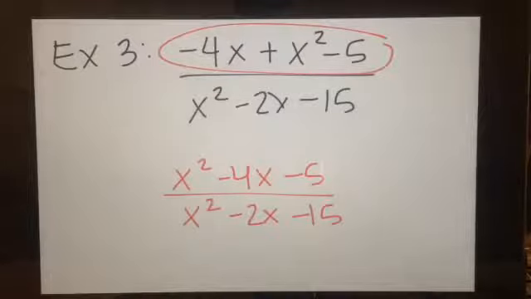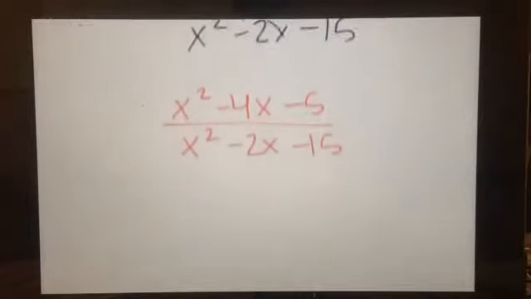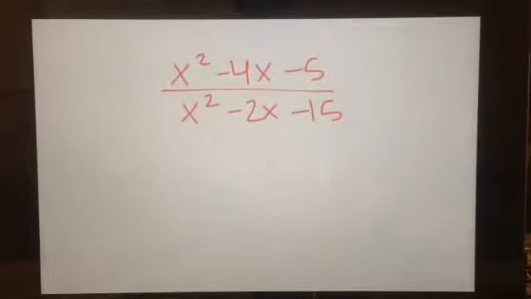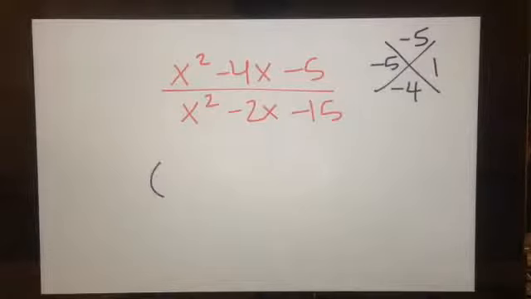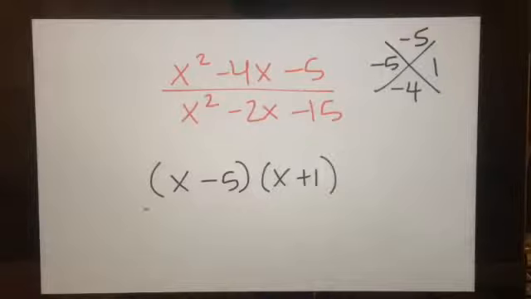All right, step 3 is to factor the top and the bottom. And if you look at this, hopefully you recognize there's a diamond problem on the top and a diamond on the bottom. So for the top, we're multiplying to negative 5, adding to negative 4. Those two numbers would be negative 5 and positive 1. So on the top, I have x minus 5, x plus 1.